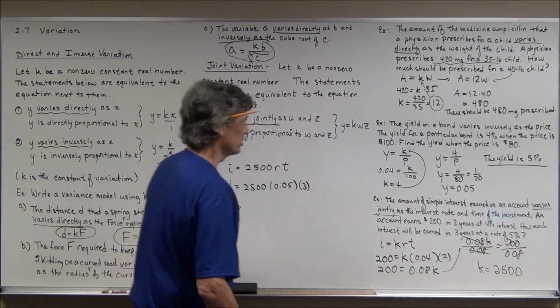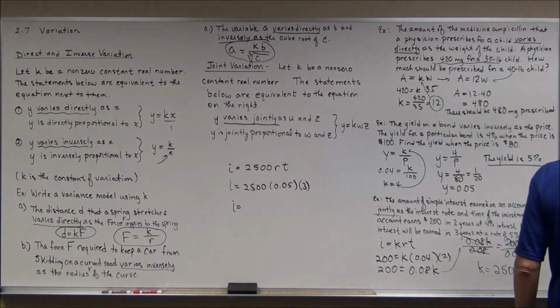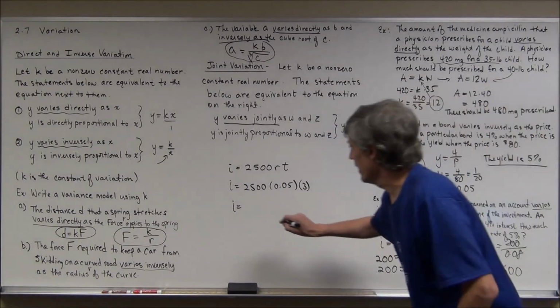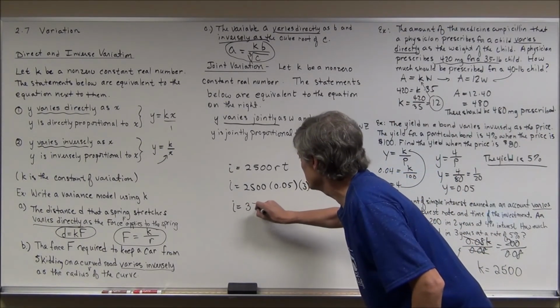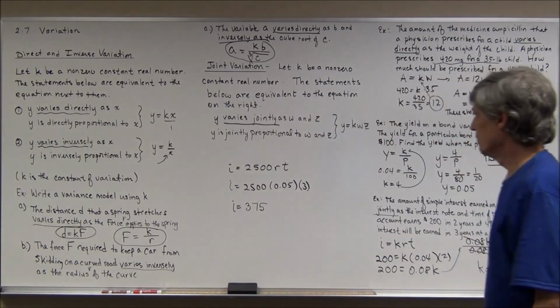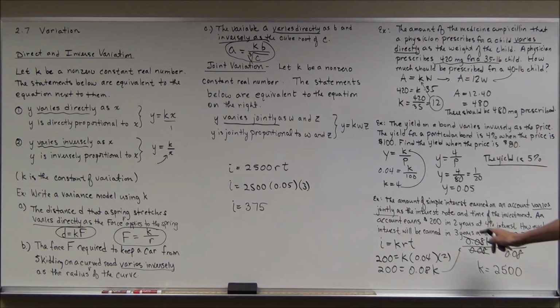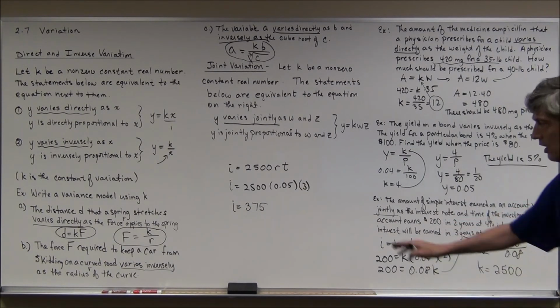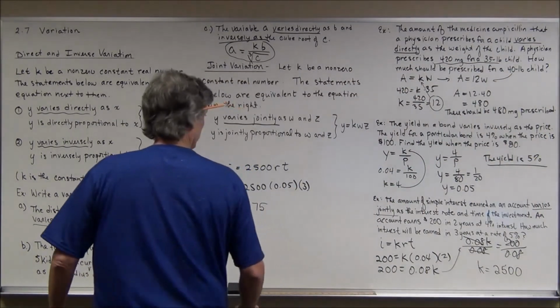So now I need to multiply all this together, and I believe it turns out to be 375. Which makes sense because it's longer invested and it's at a higher rate. This was only $200, so it definitely needed to be more than 200.